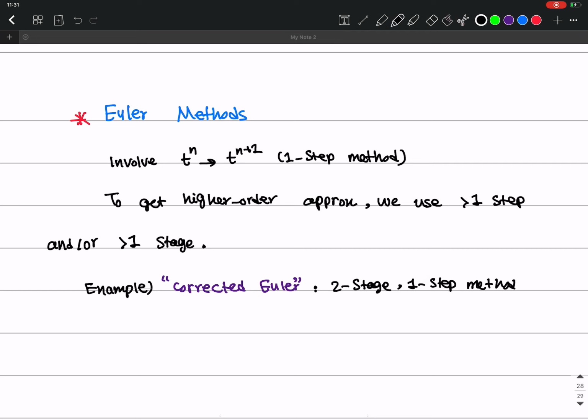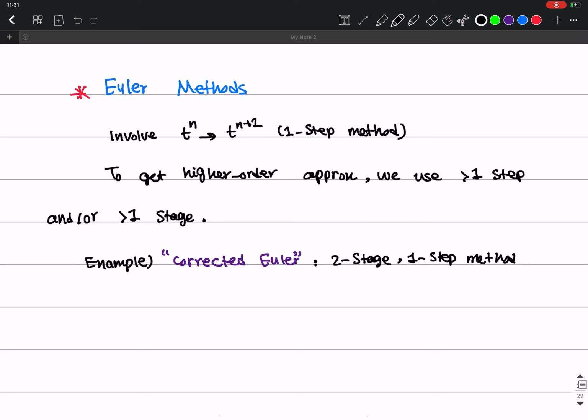In general, Euler methods are one-step methods, so we can just increase the stages to increase the accuracy. Multi-step methods are the next topic we will talk about, like the Adams method. Those are the other type of methods. But Euler methods are typically one-step methods, and we can have one stage, two stage, or higher ones.